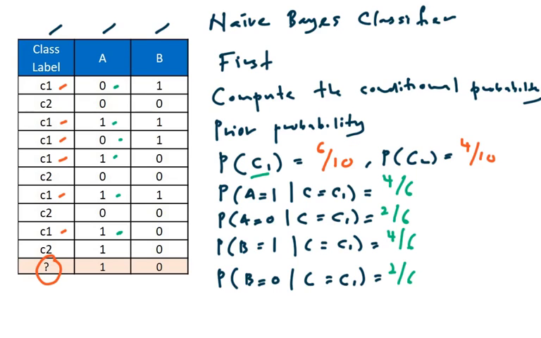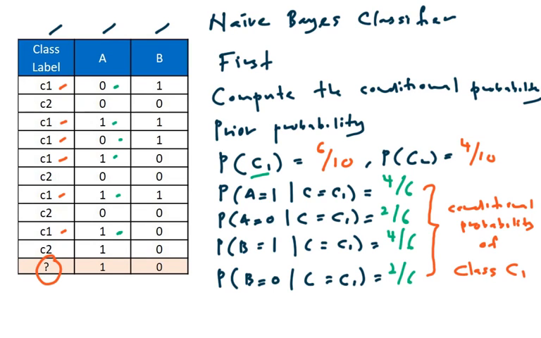So what we have here is the conditional probability of class C1.